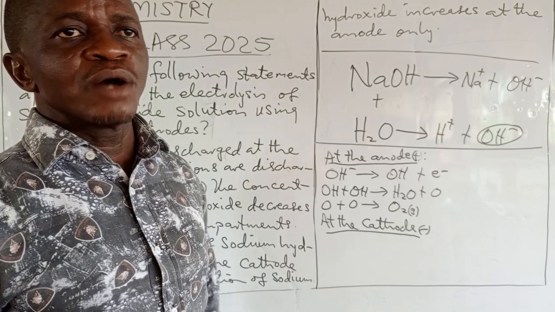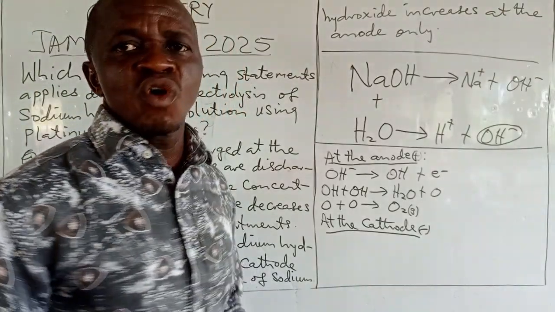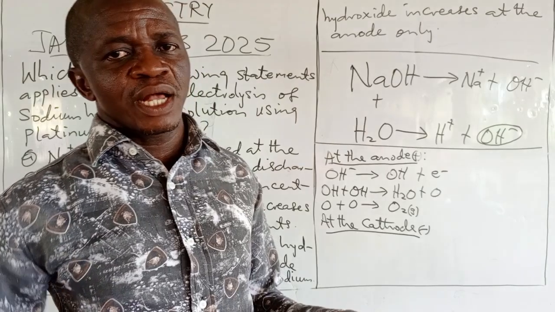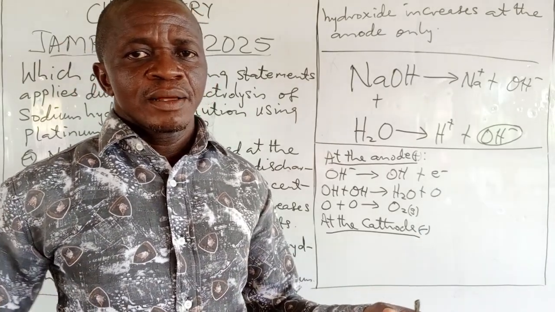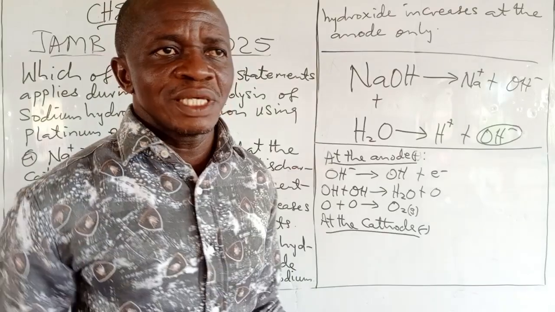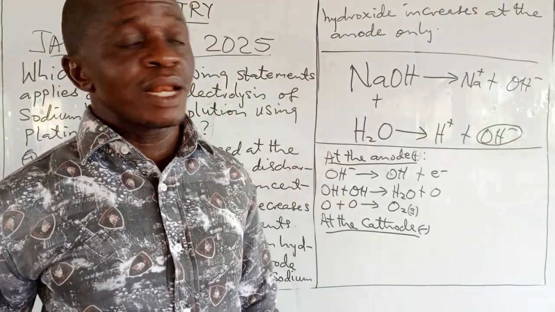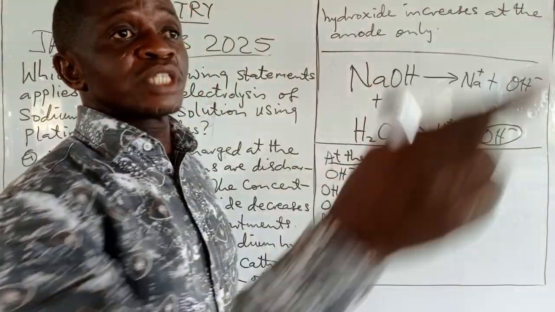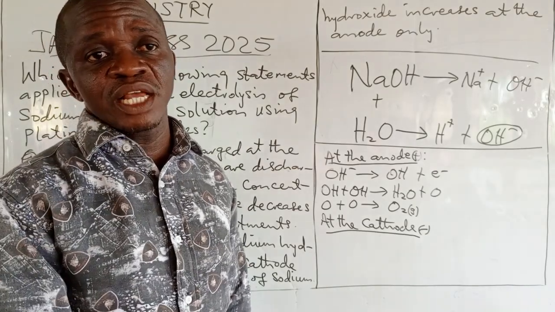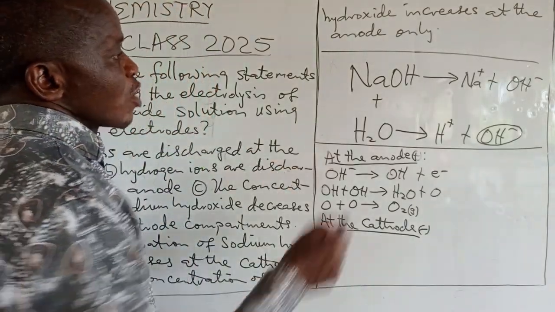Hydrogen, get out. So hydrogen has no option than to collect the electrons that are flowing from the anode to the cathode, because the hydrogen ion has lost its electron and is looking for electrons. It cannot leave without collecting electrons, so it must do what? Collect the electrons.